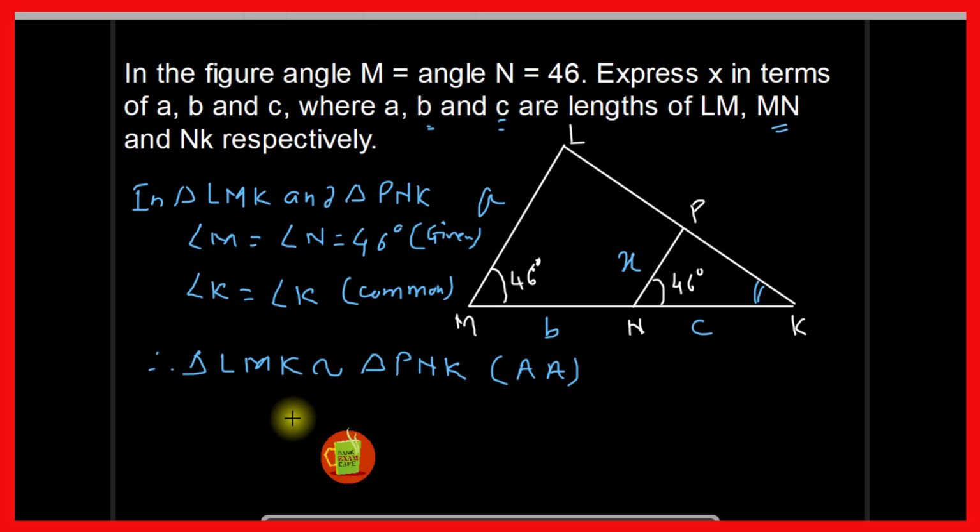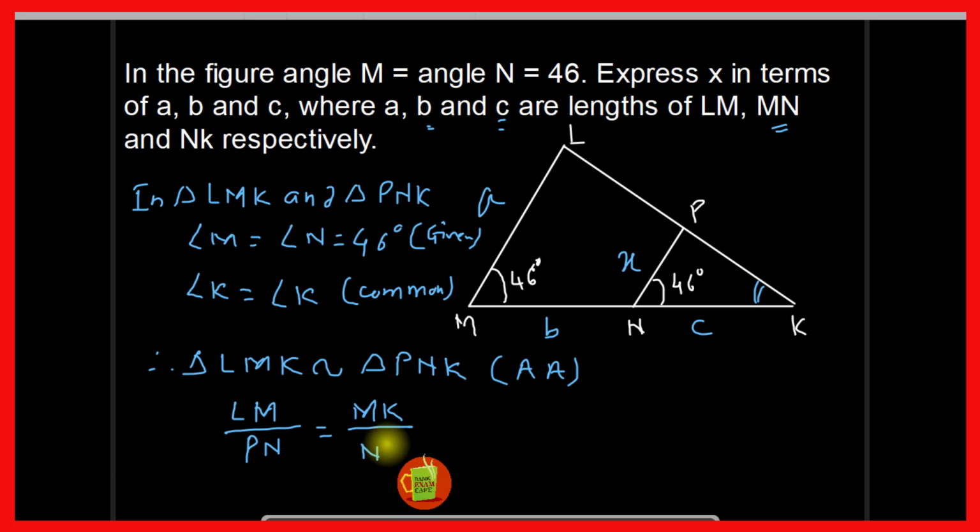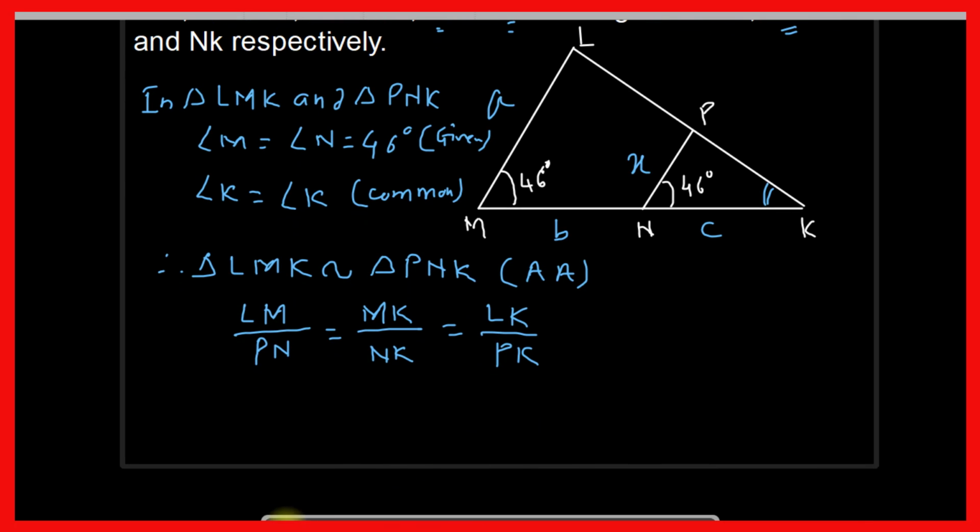Therefore LM, its corresponding side is PN, so LM upon PN is equal to MK upon NK, which is equal to LK, its corresponding side is PK, so LK upon PK. And so here put the values.